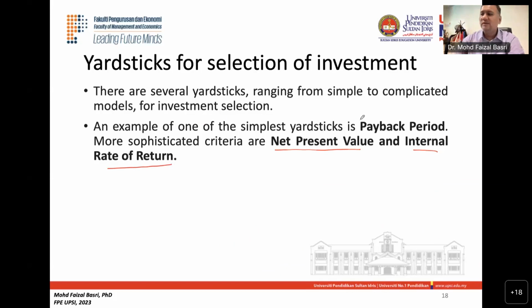So if you don't have a financial calculator just yet, I suggest you get one as soon as possible, because it will help you calculate relevant information, especially with regards to investment. And as I mentioned during our first meeting, it will be beneficial for you, as you will use this in a lot of courses, especially later on in module 7.